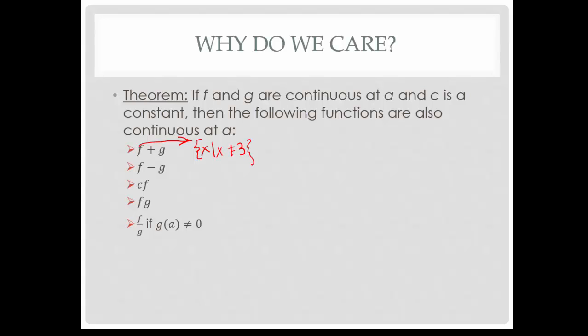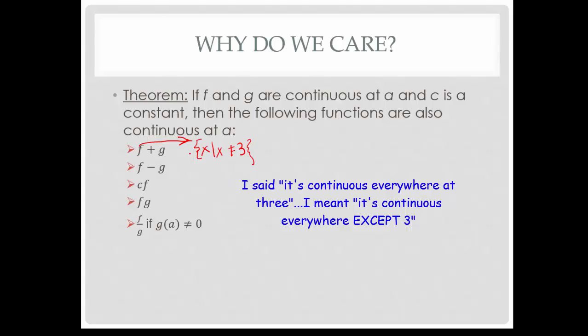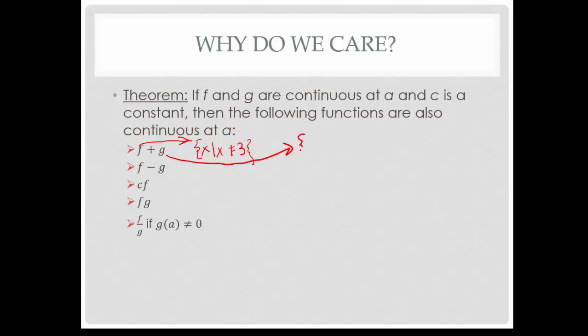It's discontinuous at 3. And g is continuous as long as your x values are non-negative, so greater than or equal to 0. Well, then the sum of those two functions is going to be continuous for all positive numbers except 3.